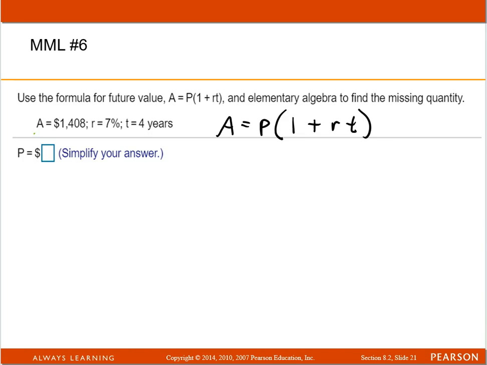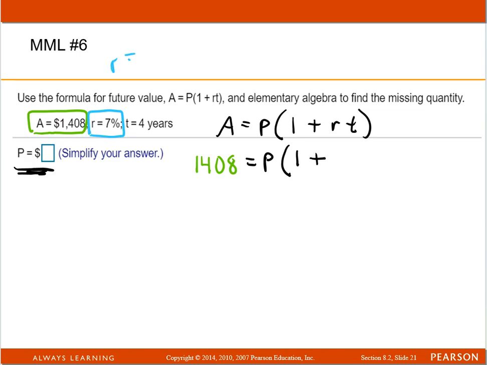Okay, this time they're giving me A. A is 1408, so that goes right here. P is what's missing, because right here it says P equals how many dollars? So just leave the P in the formula. 1 plus, and then the interest rate is 7%, but remember, 7% divided by 100 is 0.07.